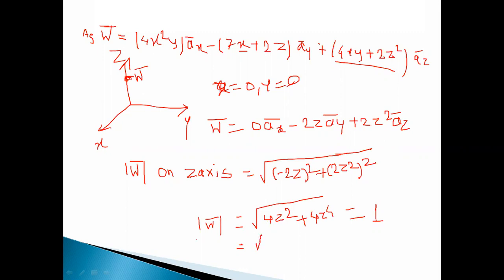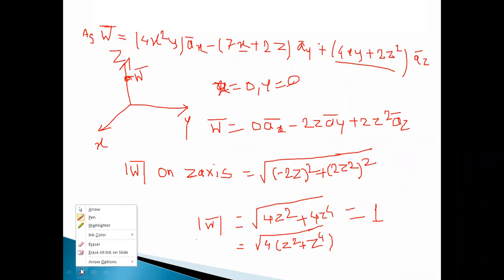So it is 4 into bracket z squared plus z raised to 4. Or I'll directly take the square; it's not necessary to explain this also.